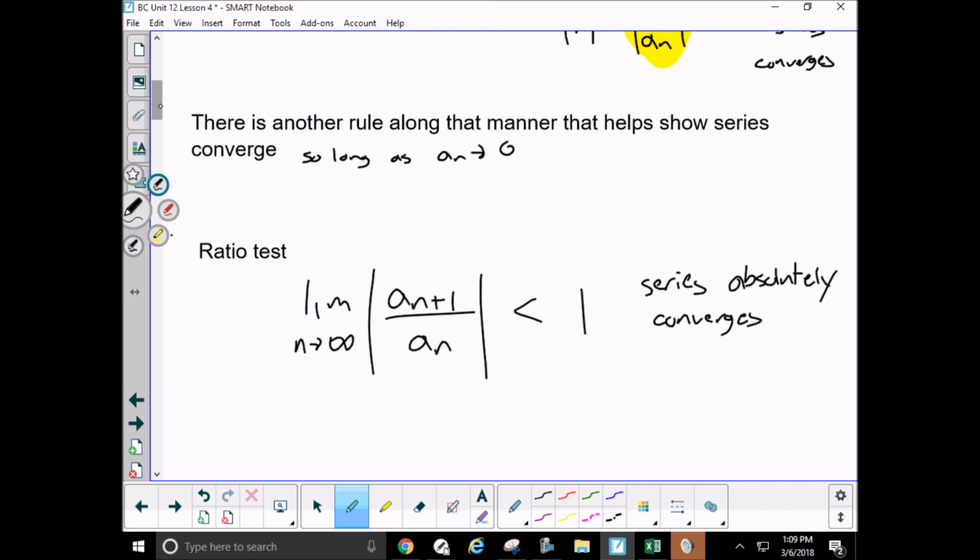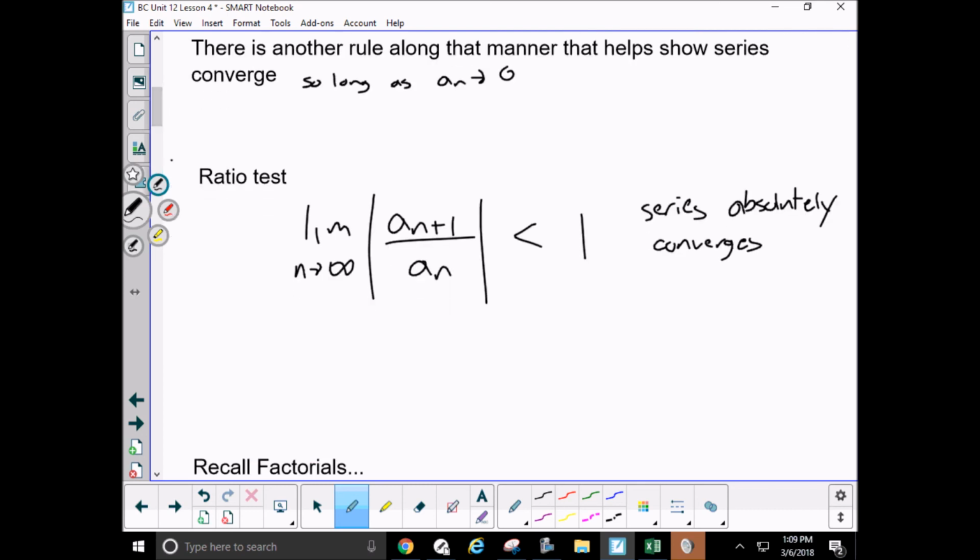Now, similar to a geometric series, if it is greater than 1, the series diverges. However, one part where the geometric series differs from this ratio test is if the ratio equals 1, we may converge or diverge.